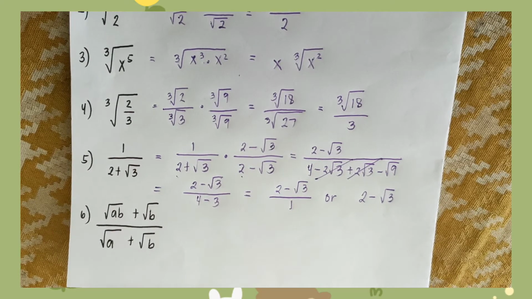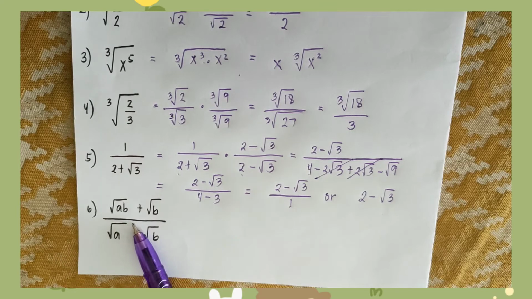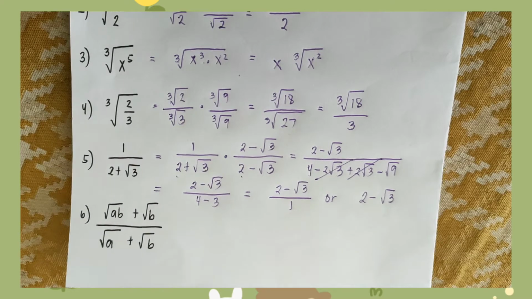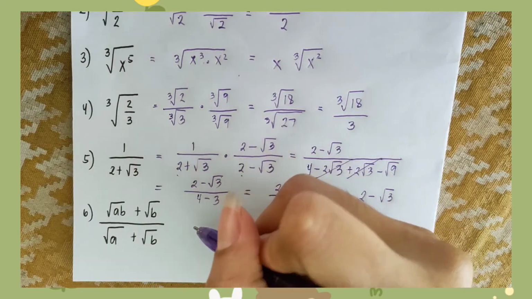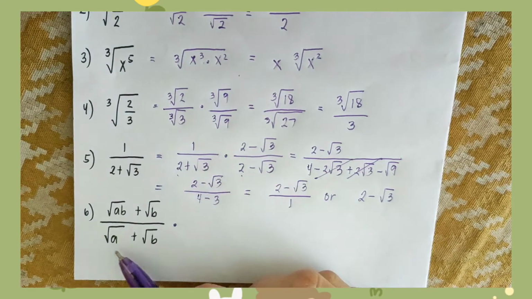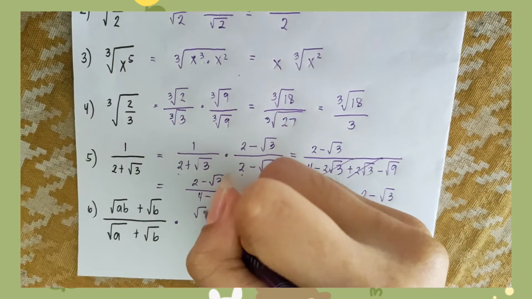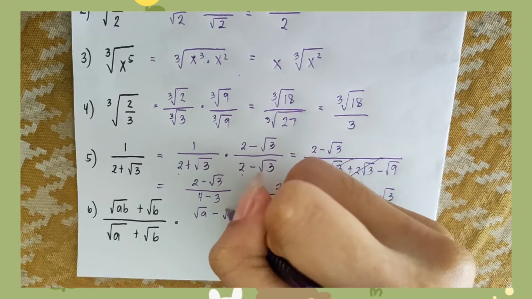Next, number 6. The square root of AB plus square root of B all over the square root of A plus the square root of B. So we need to multiply it by its conjugate. So copy the denominator, just change the sign.